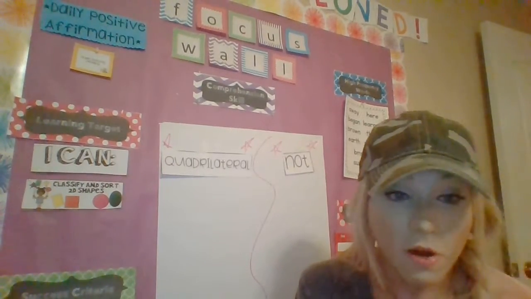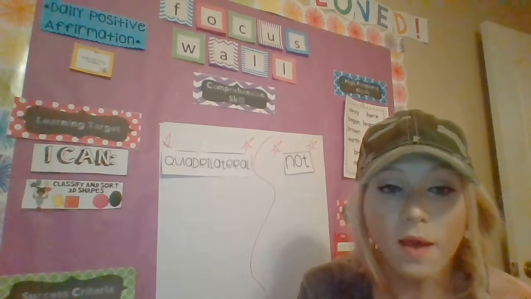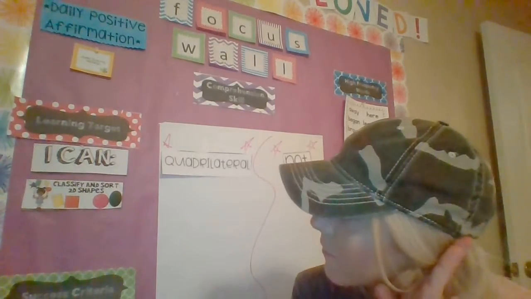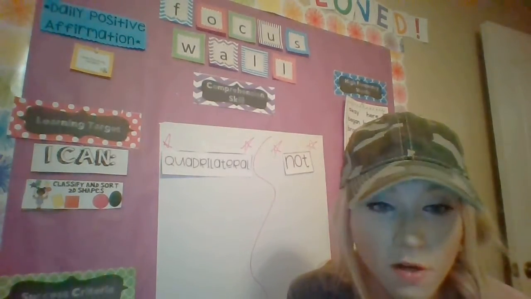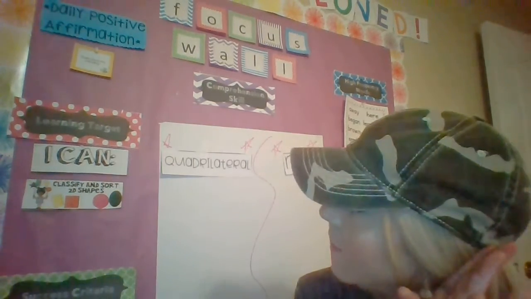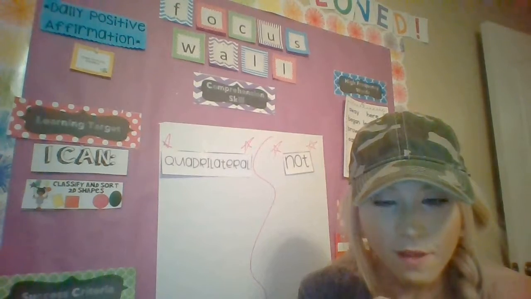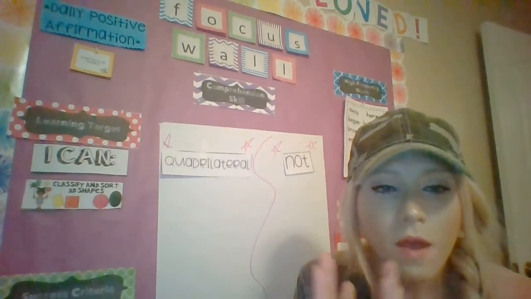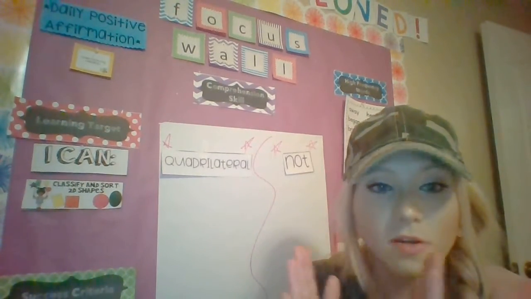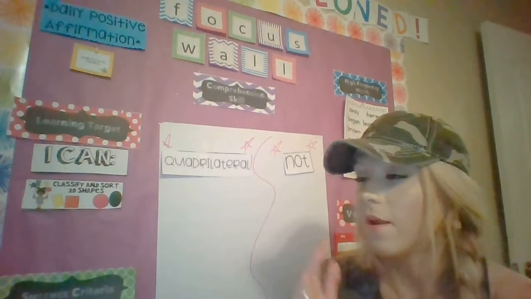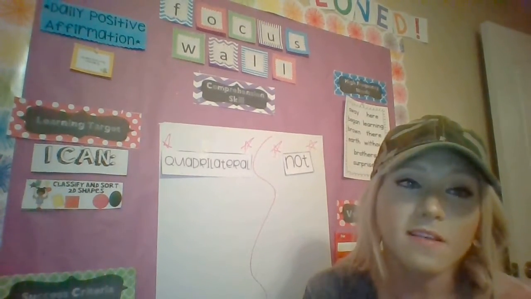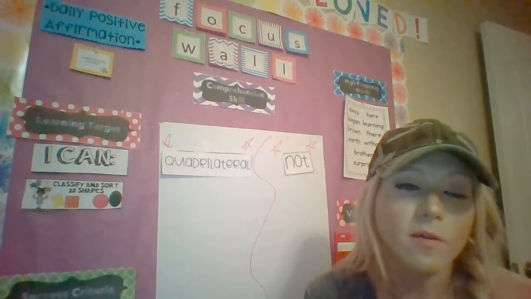So repeat after Miss Peterson. Quadril, very good. Lateral, your turn. Now, all together. Quadrilateral. Woo, that's a long word. And what it basically means is going to be so easy once you hear what it means.